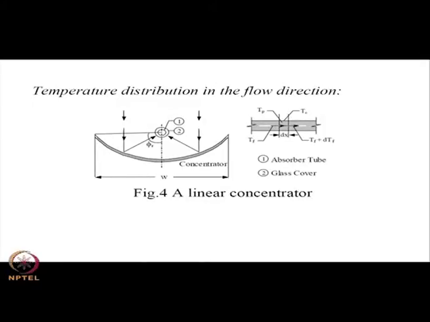This is what was a bit confusing, in the sense that in the last lecture I was mentioning circular or linear interchangeably. The whole point is the circular concentrator has a higher maximum possible concentration ratio, the maximum being 45,000, and the linear concentrator has a maximum possible of 212.